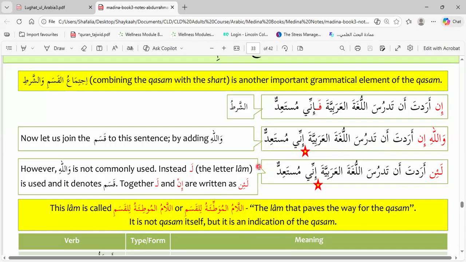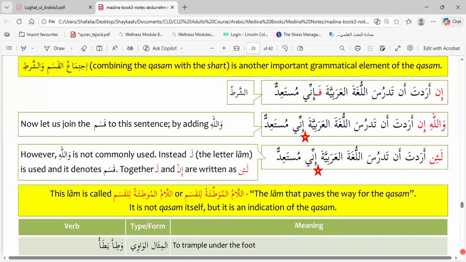So here, if you wish to study, I am ready. Here you have in, wallahi in, la in. So you have here la in together with in, written together, used to denote qasam.